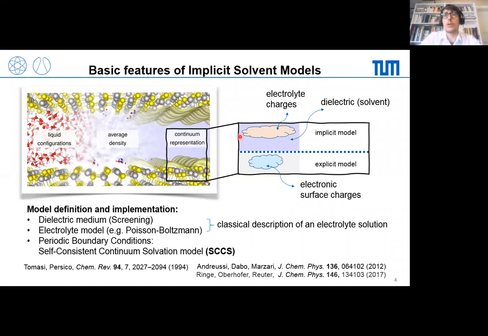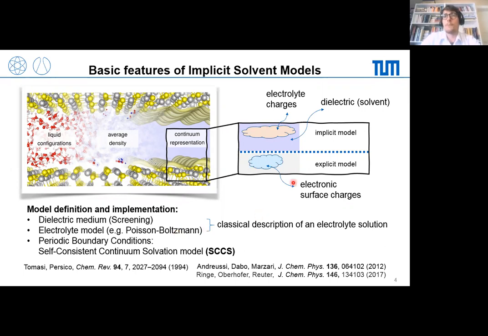And so how do these implicit solvent models couple to our DFT calculation? This is sketched out here. Typically, we have a quantum mechanical cavity, and what you define is an interface between this cavity and our continuum model. Beyond this interface, we describe the energetics, or the effective free energy changes, of the solvent with such a continuum model that, as I said, consists of a dielectric medium and the electrolyte model.